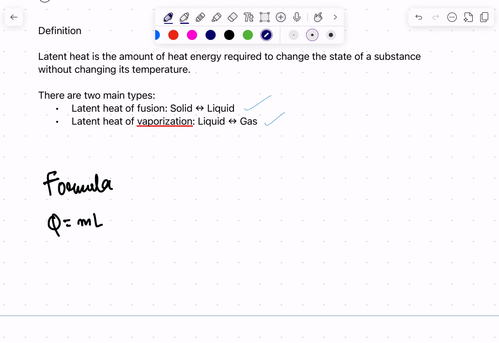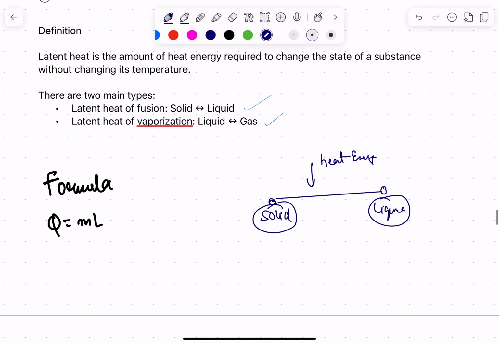For example, if I want to change something from solid to liquid, I have to input some energy into it. So this energy will be my latent heat, and it is represented by mL.